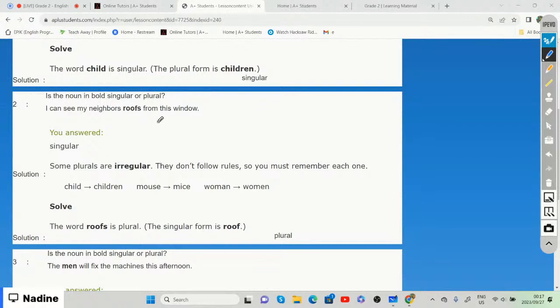If we look at the word roofs, then we can say that this word roofs is plural. It shows more than one, and the singular form of roofs is roof. So roofs is plural.